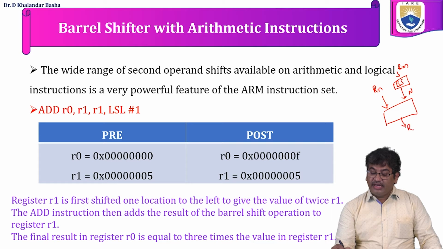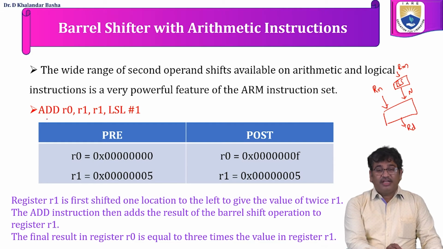The result we are taking as the Rd register. The wide range of second operand operation as shift available on arithmetic and logical instructions is a very powerful feature of the ARM instruction set. Assume the instruction we have is ADD R0, R1, R1, LSL #1.